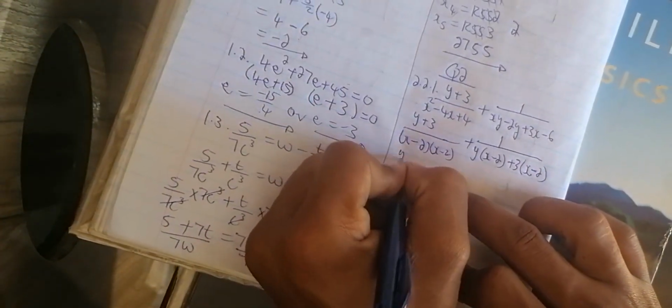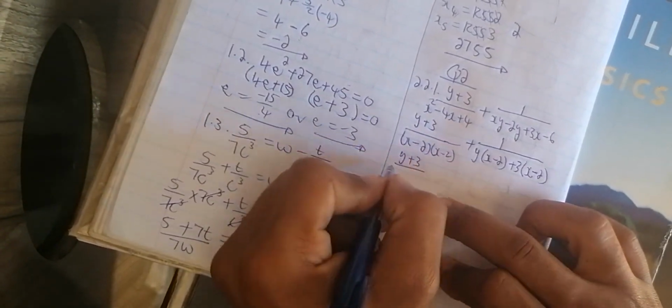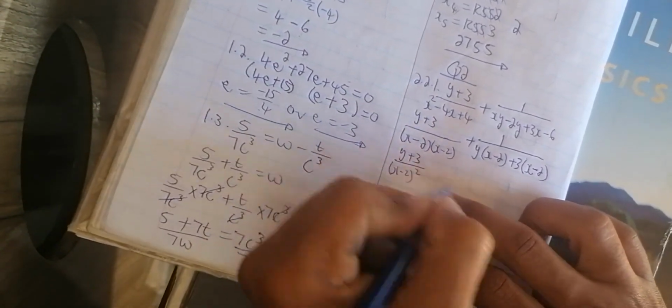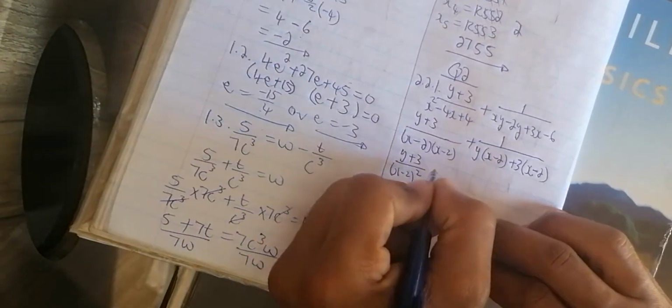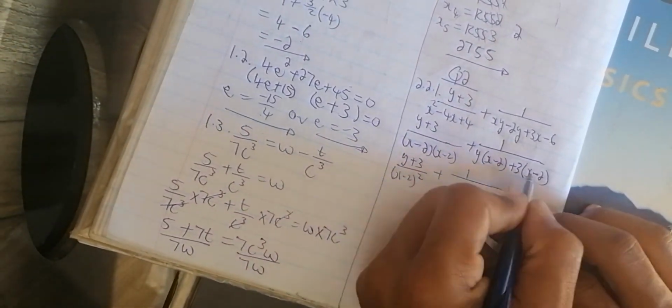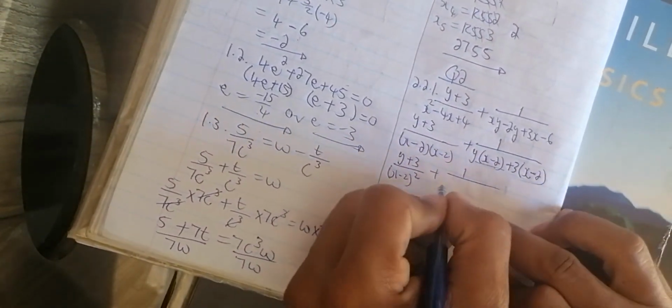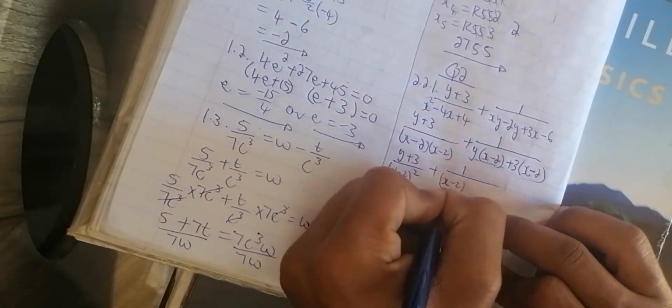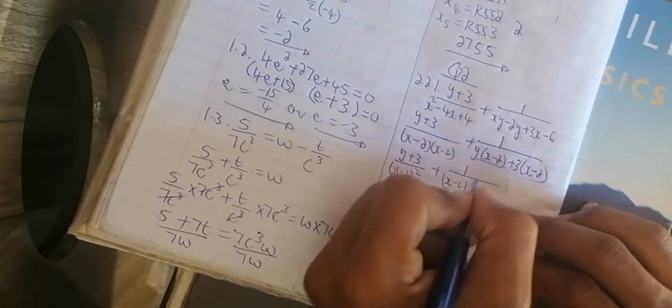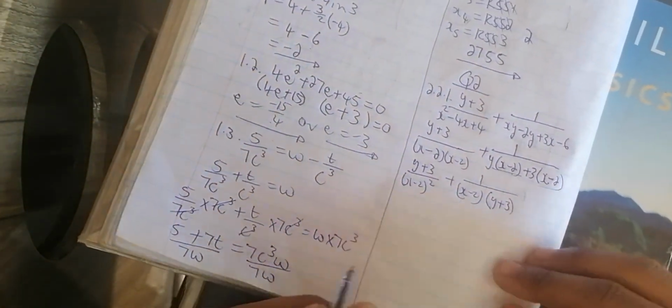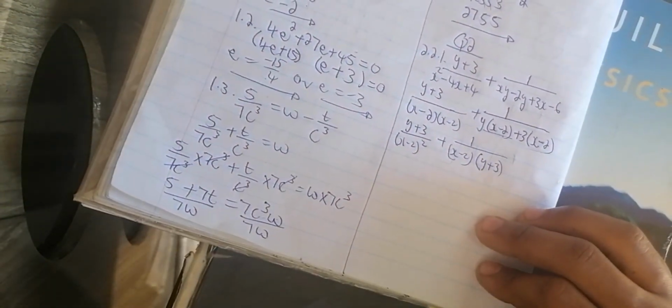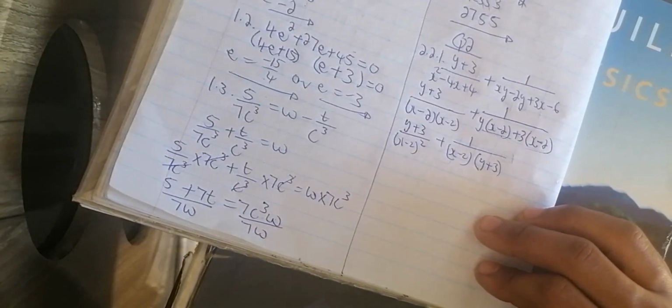I still have my y plus 3 and x minus 2. There's something common in here, which is x minus 2. You'll be left with y plus 3. Very good. And then from here, what is it that I can do?